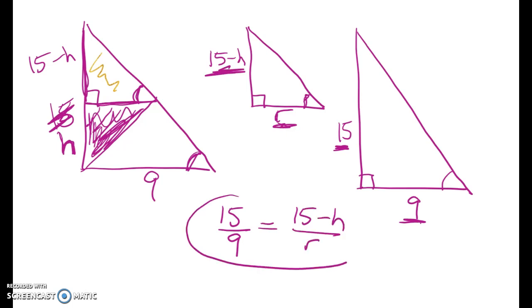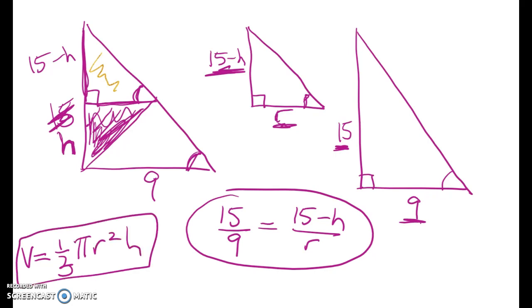Now, all we have to do, and it really is all we have to do now, is rearrange this and get either r or h as the subject. So think about the smart way to do that. It's going to minimise work, because sometimes that's what we want to do. If we get h equals blah blah, we're not going to have to go on and square it. If we get r equals blah blah blah, we'll have to square it.